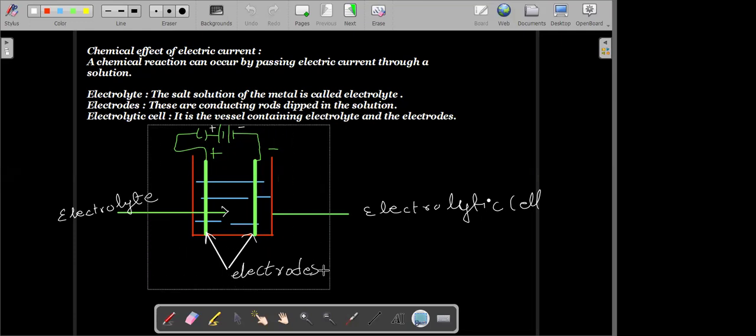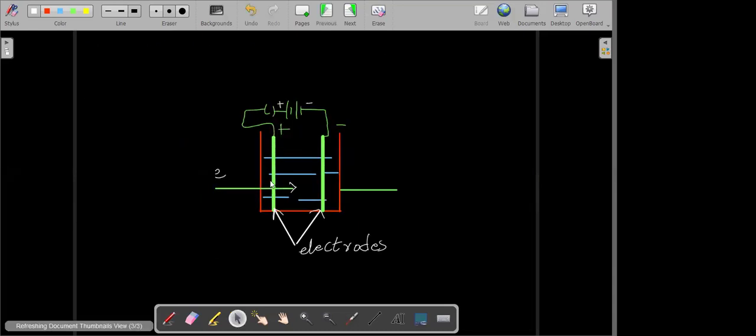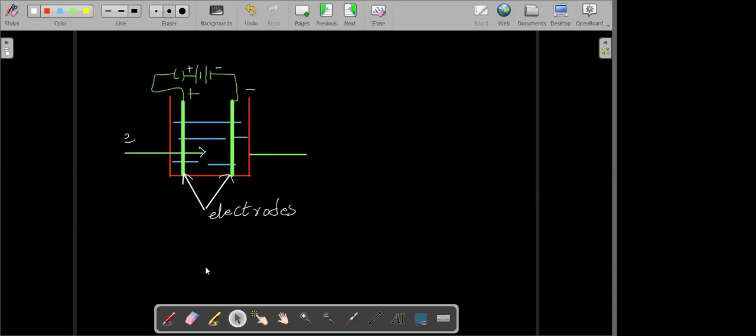The same arrangement, but here, instead of an electrolytic solution, we had taken water. Water was the electrolyte.